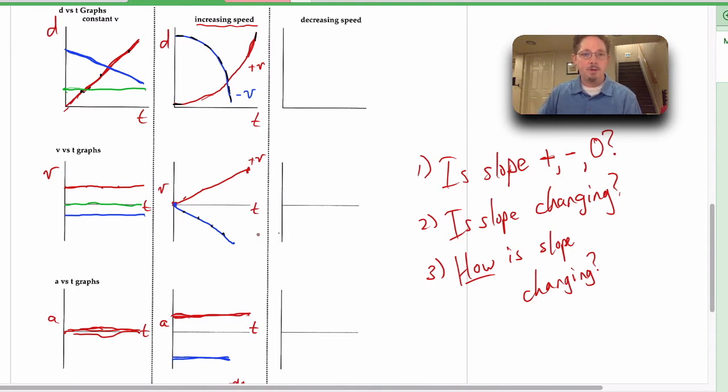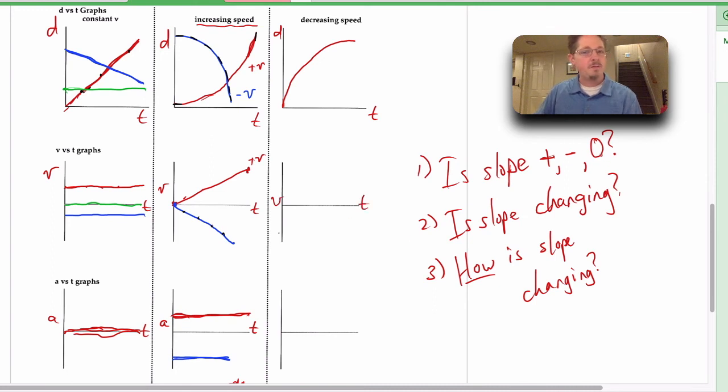All right. Well, so we've done standing still, moving at constant velocity, speeding up, and we still can do slowing down. So if I'm moving in the positive direction, but slowing down, that means I'm going to start off moving a lot with a steep slope on my displacement graph and leveling off. So on a displacement graph, leveling off means slowing down.